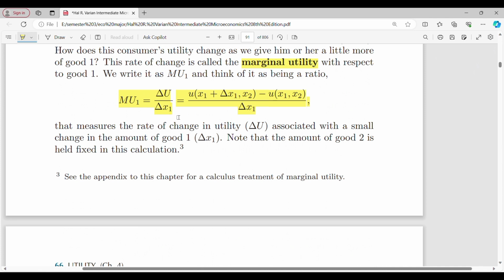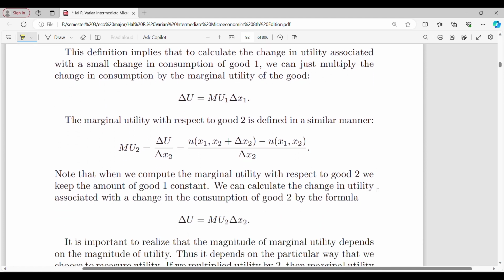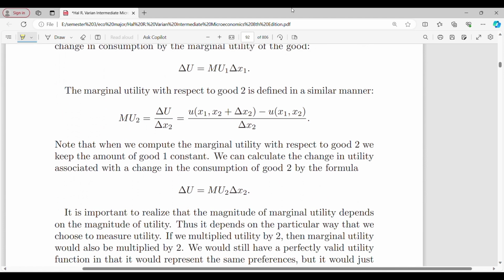When a little more units were added to x1, that is the change in x1, how did it influence or affect the utility? Here the marginal utility is with respect to good 1, and in the next example it is with respect to good 2. For both we use the same principles.